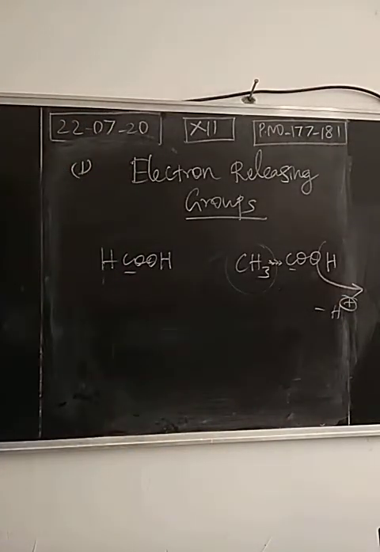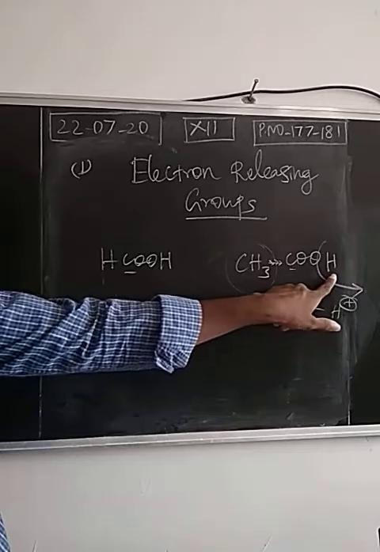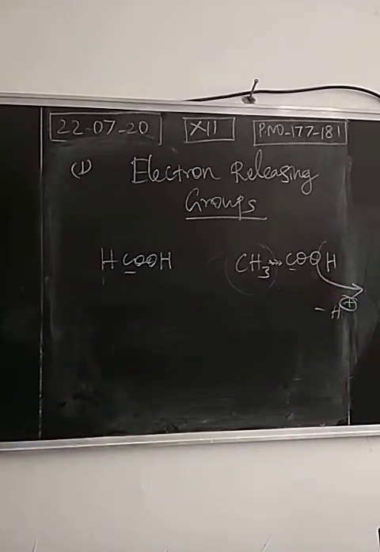Acidity will be more when an acid behaves as a strong acid. If H plus is leaving fast, then the acid is a strong acid. The substance that gives H plus ion is an acid. How fast a hydrogen is leaving decides the acid strength of an acid.